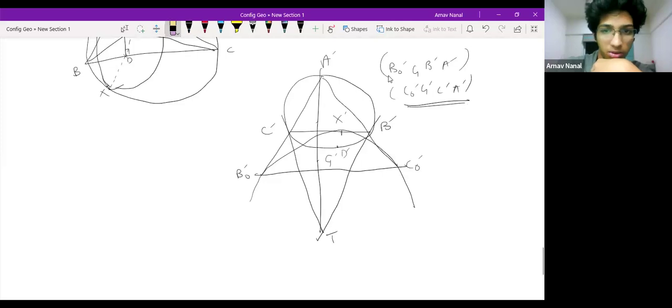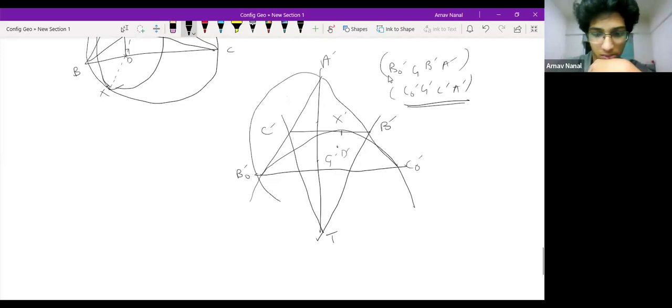Also, I think it would be better if you draw this circumcircle. It is more nice, as you will see.